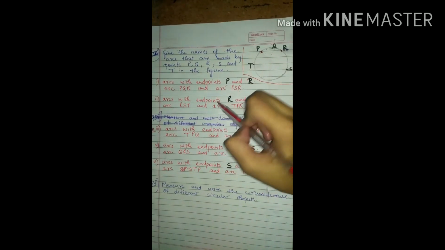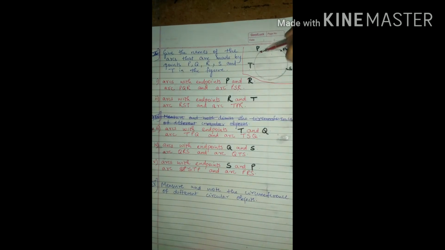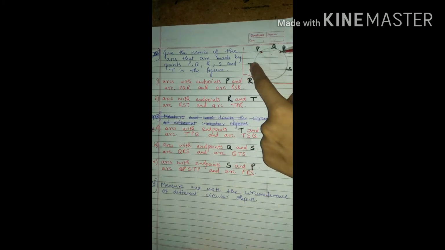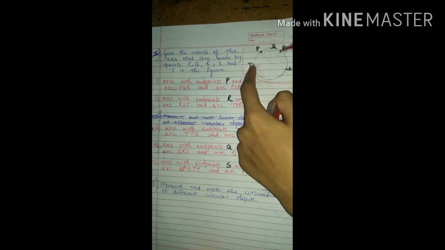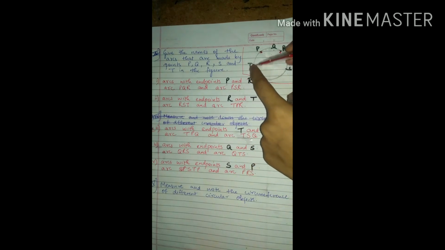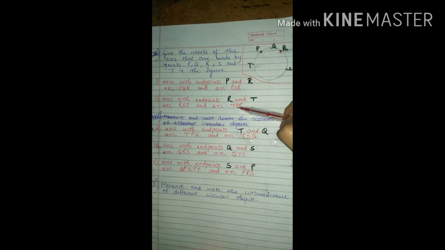Similarly, arc with the end points R and T. We took P and R before, and then we are taking R and T as the end points. So how many arcs are formed? One arc is RST, and the other arc is TPR.